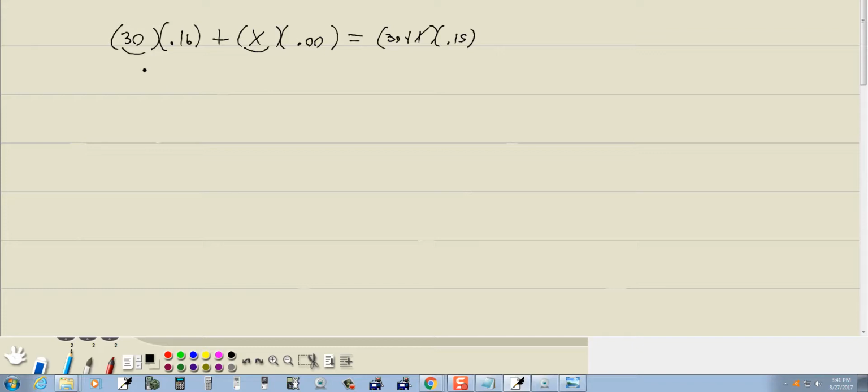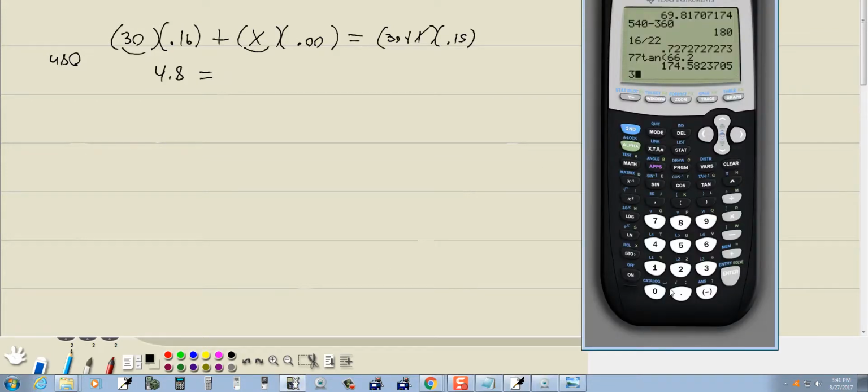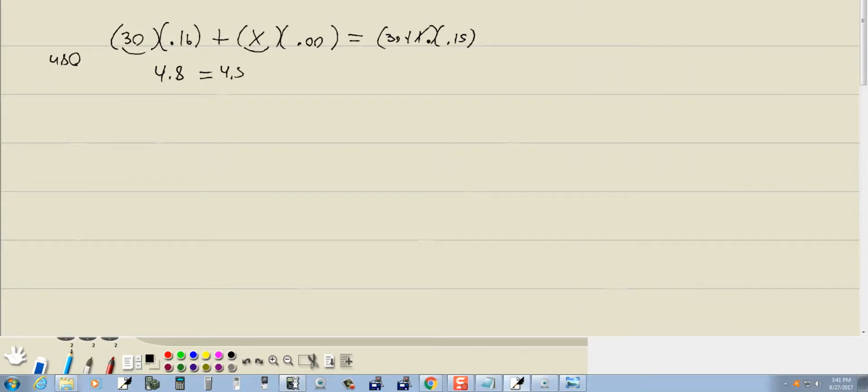4.8. That drops away. And distributed, I'm going to get my calculator. So 30 times 0.15 is 4.5. And then 0.15 times x is 0.15x. Take the 4.5 over.